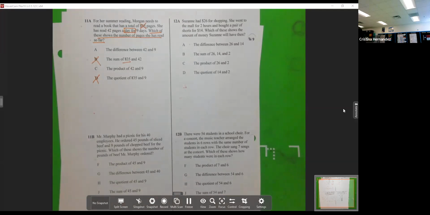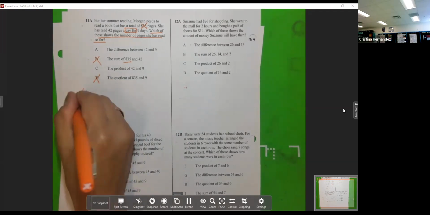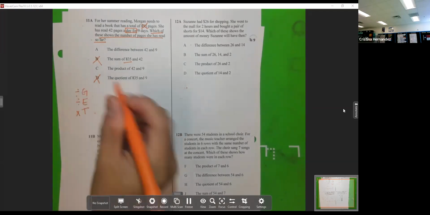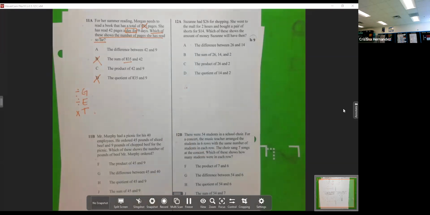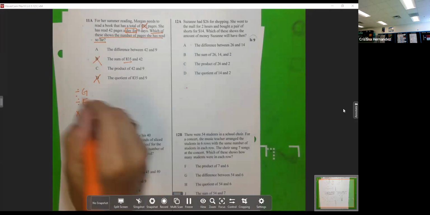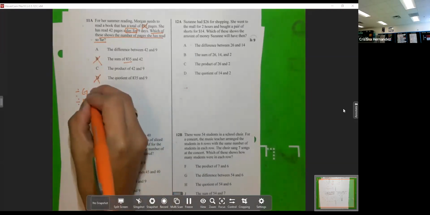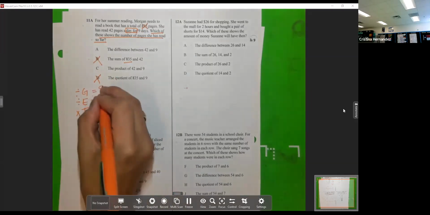How many pages per day does she read? Two. And then how many days does she read would be groups, would be 9.